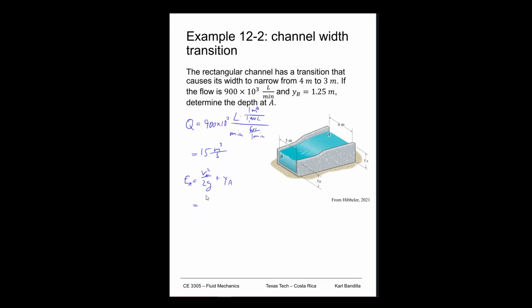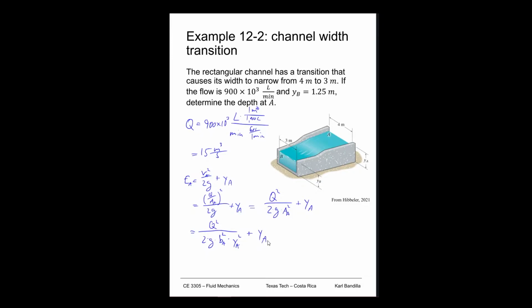We can say that's the same as the flow rate over the area at A squared divided by 2G plus YA, which is then the same as Q squared over 2 times G times A squared plus YA, and that is equal to Q squared divided by 2 times G. We have a rectangular cross section, so we can say that would be B at location A squared times the depth at A, YA squared. Right, the square comes because it was squared. Oh, let's not forget plus YA.